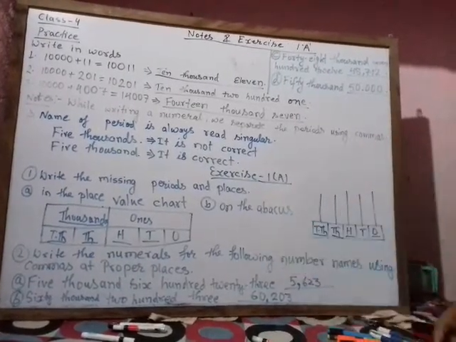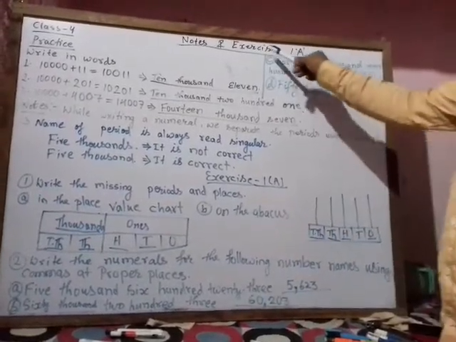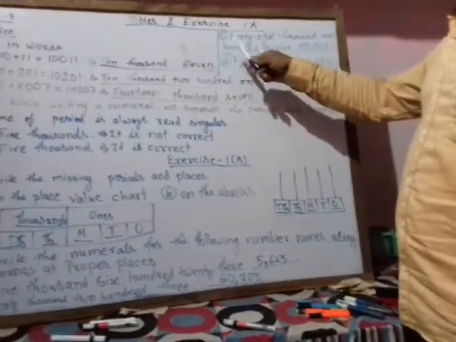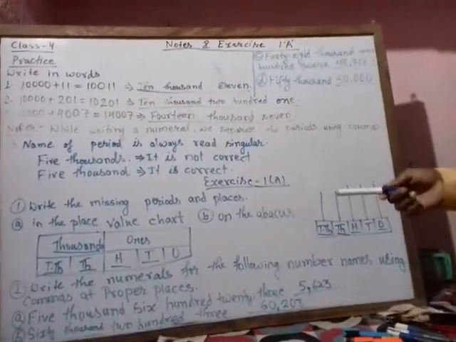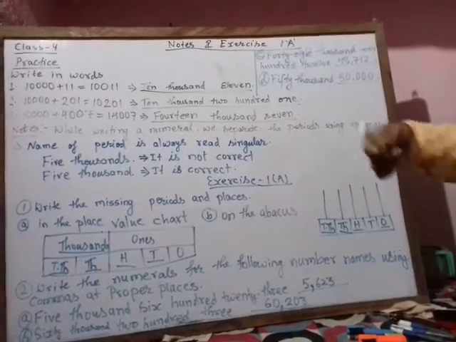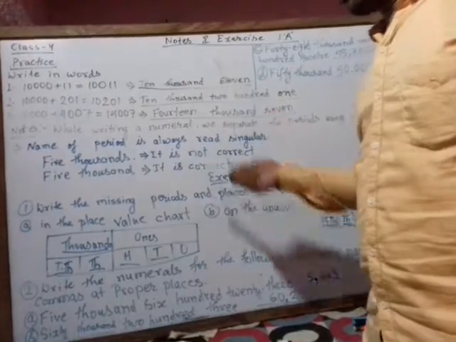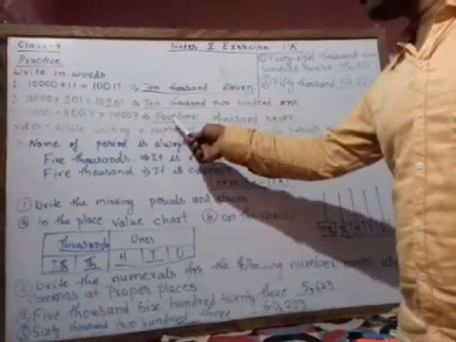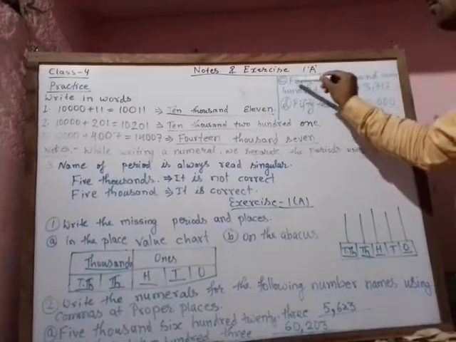Two more questions were there, so to adjust all the questions I have made a line over here and written them. You can see in question C there was 48,712. Just see, I said in 14, some of you make mistakes. You write FORTEEN, that becomes wrong. 14 spelling is FOURTEEN, but in 40 it is FORTY.